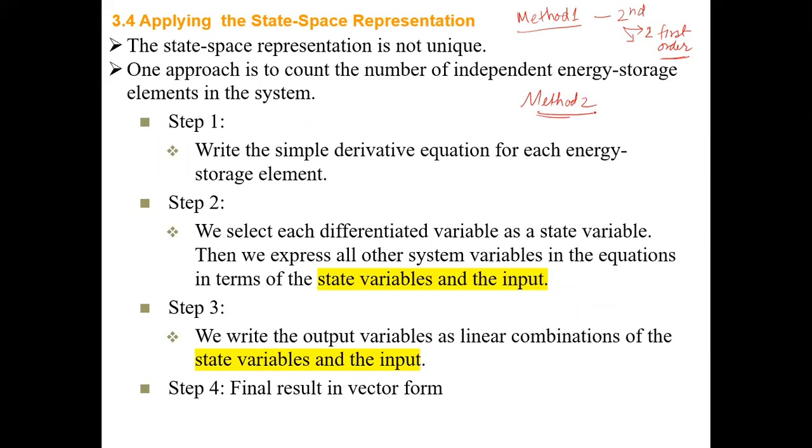In this method, what I do is I count the number of independent energy storage elements in the system. Once you figure out the energy storage elements in the system, then you do something else. So first, your goal is to count the number of energy storage elements. So suppose you found 2 of them, 2 energy storage elements, then you must have 2 state variables.